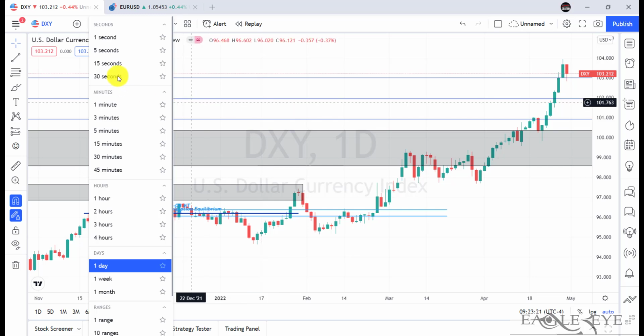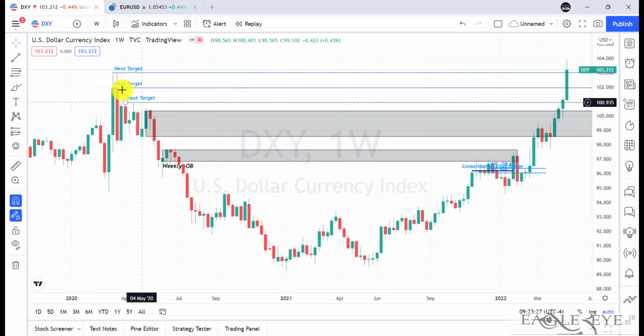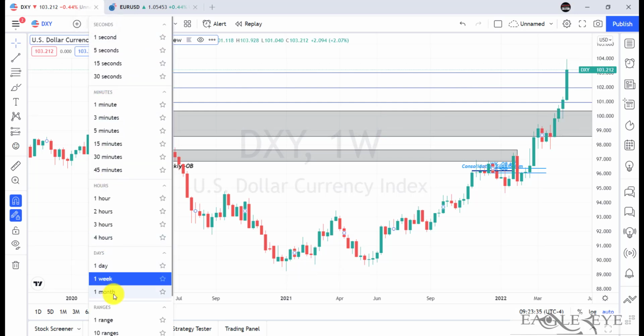So let's head straight into the weekly. Those are the targets I was looking out for, which I marked already, and let's look at the monthly.